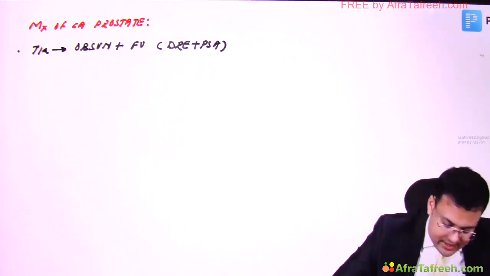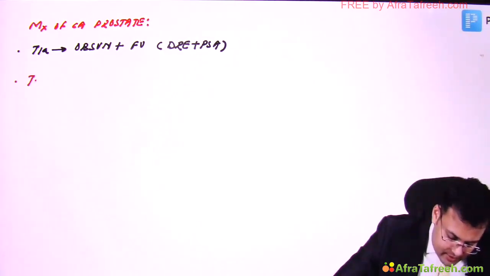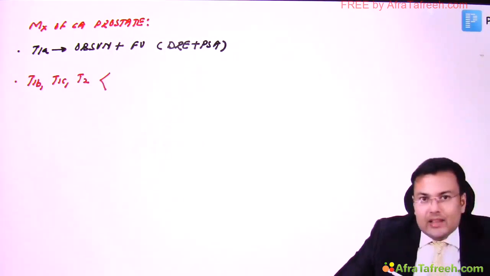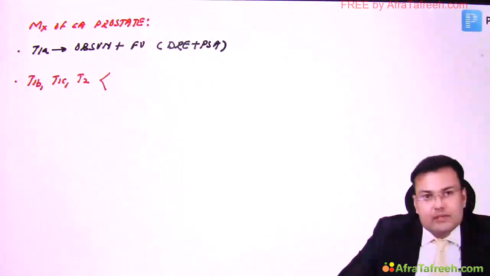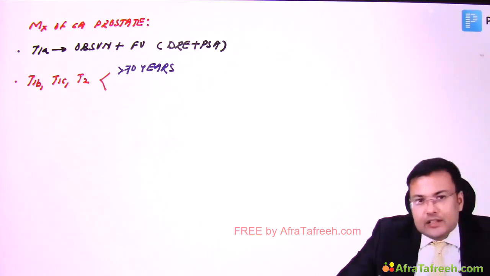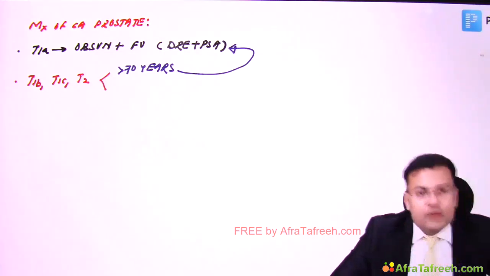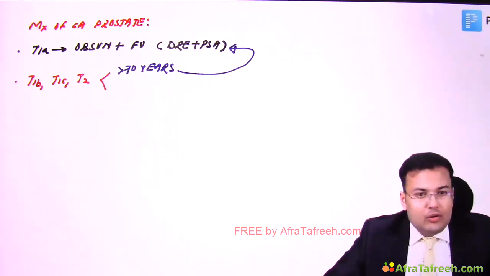Now if the patient has T1B, T1C or T2, the age of the patient matters; this question was asked in NAMS. If the age of the patient is more than 70 years, it takes a long time to become fulminant, so we go for observation and follow-up with DRE plus PSA.